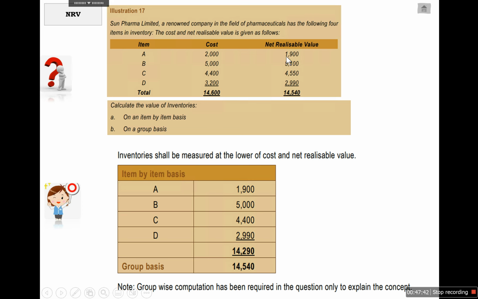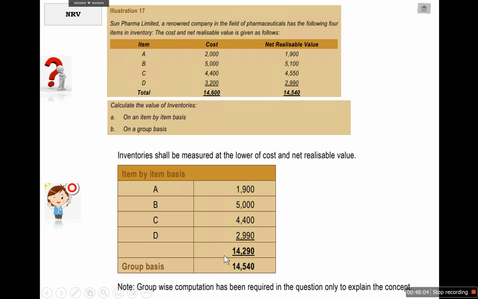So two items are subjected to devaluation. If we go item by item, devaluation will be booked in case of A and D. If we check on a group basis, on a total basis it will be 14,550.